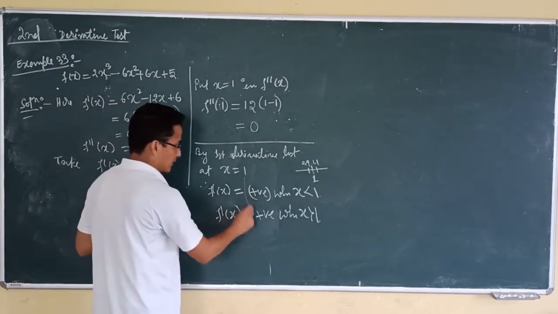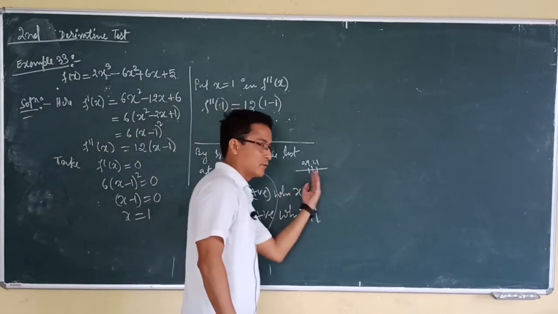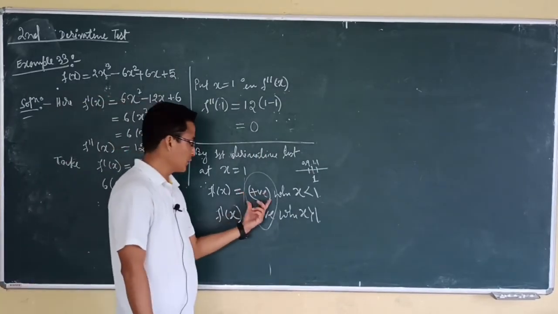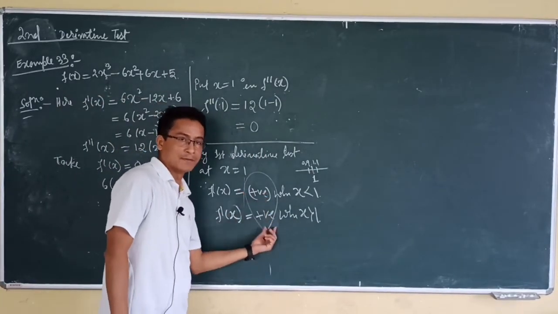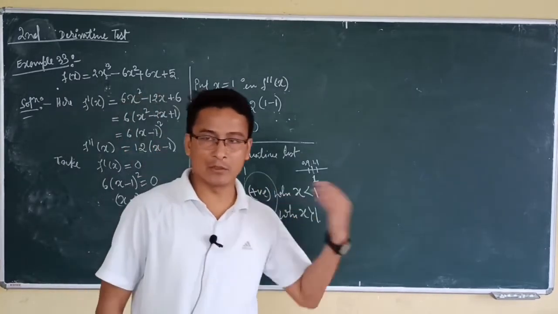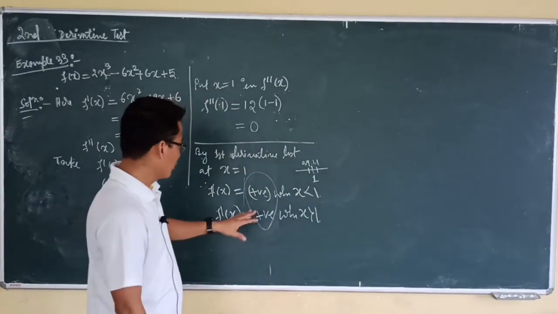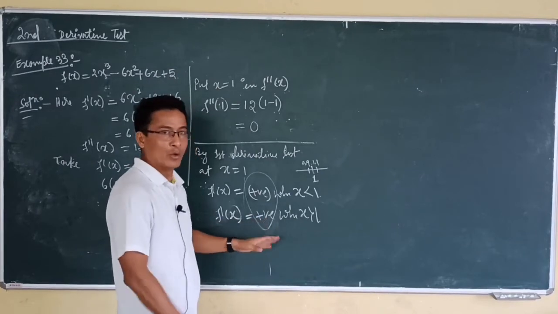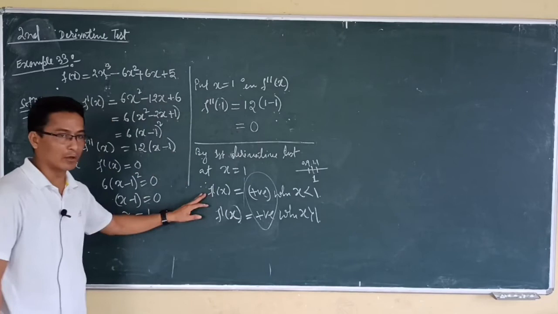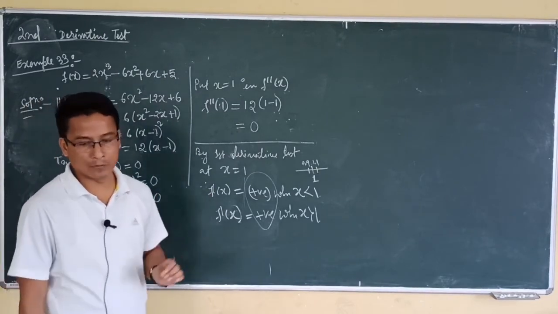Now you will see that when I travel from left to right, both times we get the positive value. That means the sign is never changed. So what can we understand? When the sign is not changed, then we call that a point of inflection.